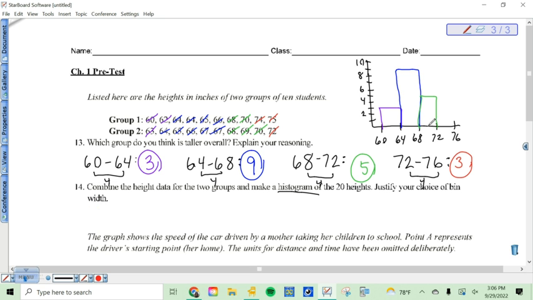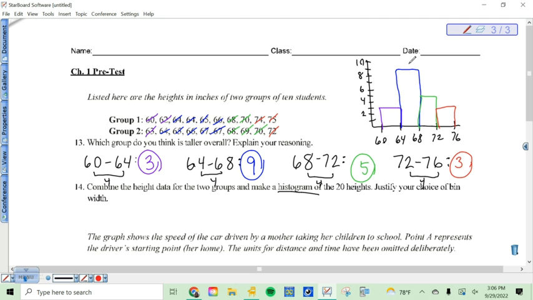And then 72 to 76. Okay. Our histogram. Questions on the histogram? You feel okay about it?